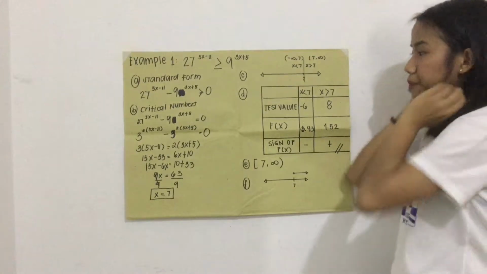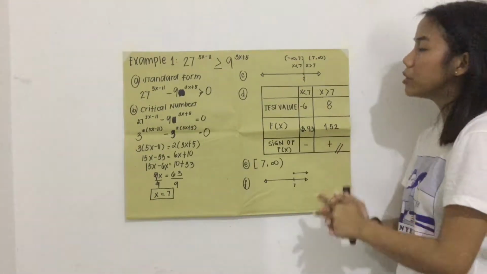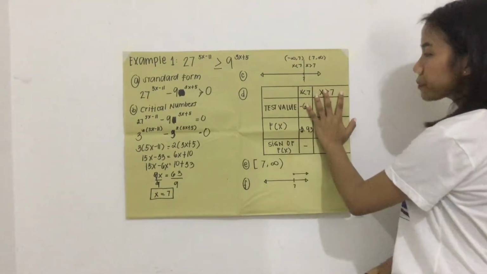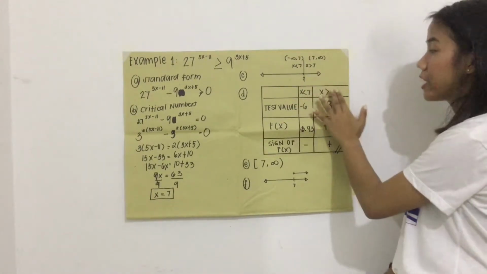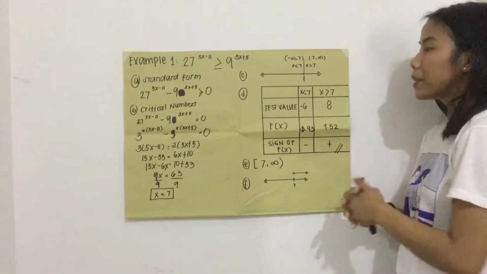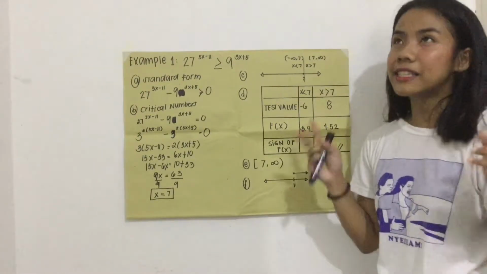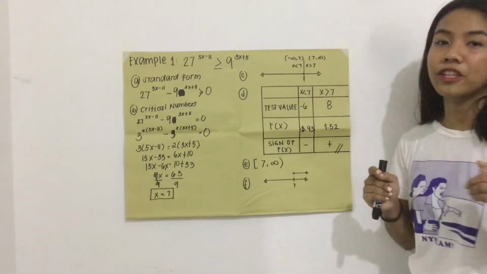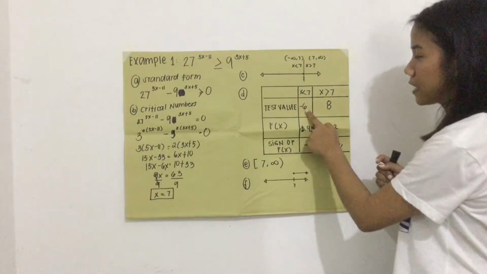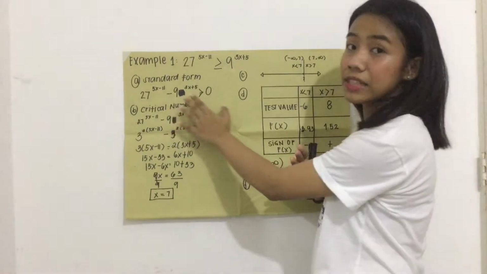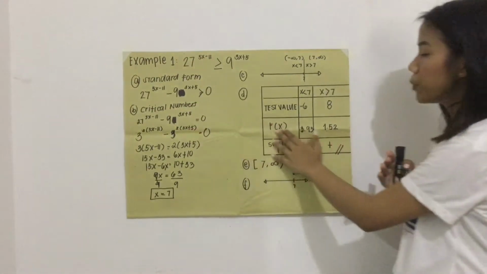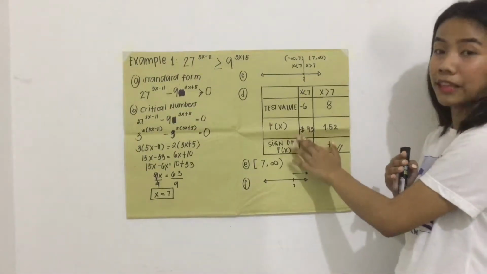The ones we're going to put in the table are x less than 7 and x greater than 7. Since it is x less than 7, the test value that we're going to use is negative 6. When you substitute negative 6 into our standard form, the answer will be negative 3.93.